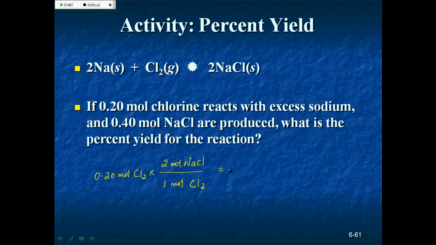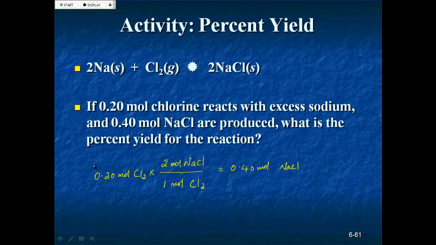So how many moles of NaCl should form theoretically? 0.4 moles. I know this is a stupid problem. I don't like this. So this is the theoretical yield, okay? And actual yield is also the same. So what do you think when you calculate the percent yield? 100%, which does not happen.